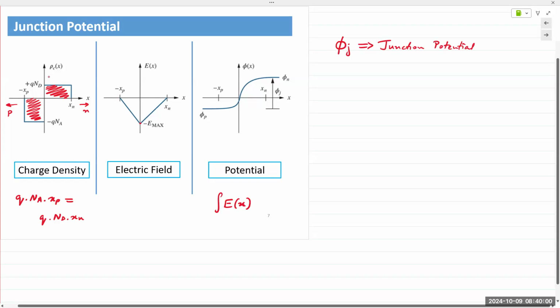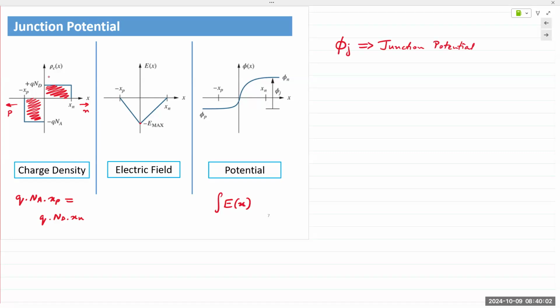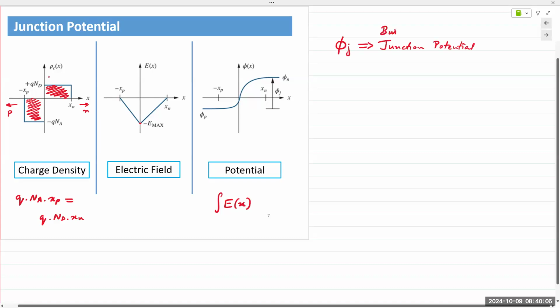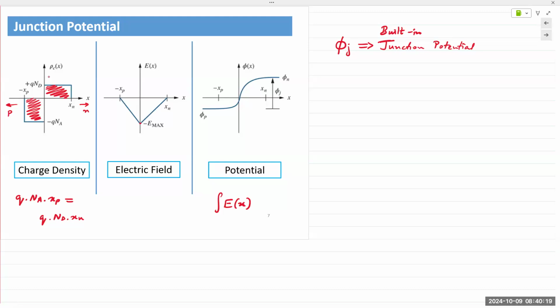It's also sometimes known as the built-in junction potential, because we are not doing anything, no external energy source. We're not doing anything special beyond simply creating the P and N type semiconductor in contact or in proximity.